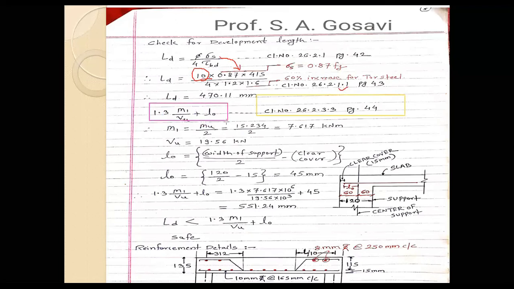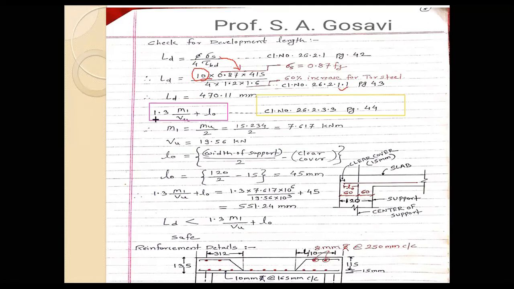This formula is also in regard to development length. Whatever the value of LD, the development length, it should be less than this value, which I have indicated by the pink bracket. If the value of LD is less than 1.3 M1 upon V plus L0, then the criterion for development length is satisfied, the bond stress will not exceed and your structure will be safe.